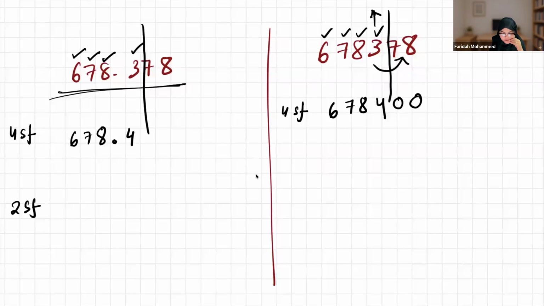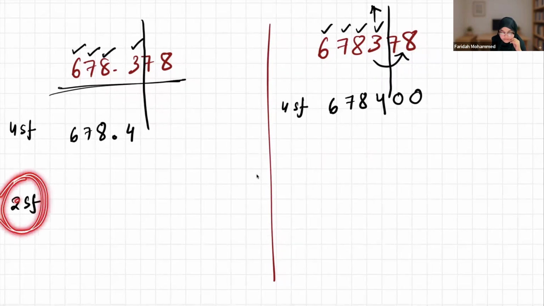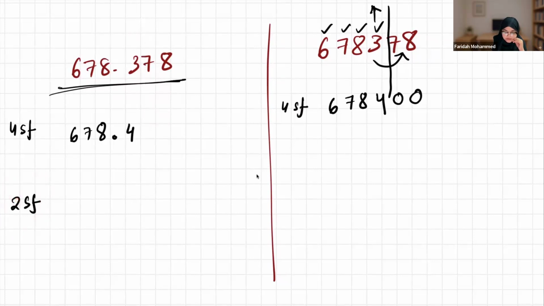You are not trying to figure out how many sig figs, you want to round it off to two significant figures. So for example, let's do it now. This one, you want to round off to two significant figures, right? So 1, 2. Separate them.